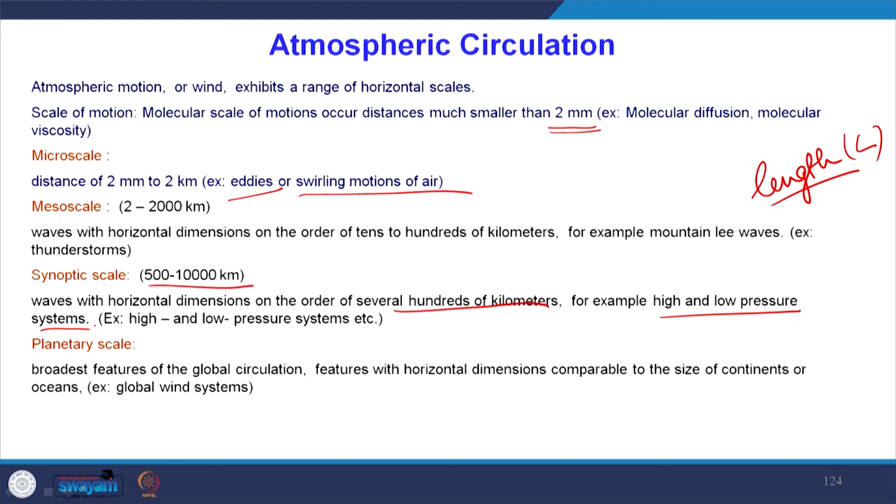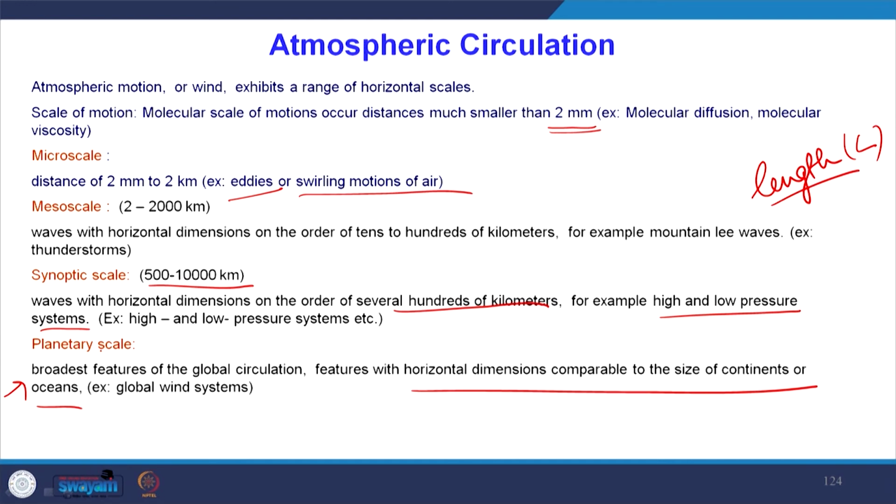And the last scale of motion is planetary scale, which is the broadest feature of all. The planetary scale system, like the name itself suggests, is of the scale of the planet itself. Okay. So, features with horizontal dimensions comparable to the size of continents or oceans or to the planet itself are covered in this particular scale.